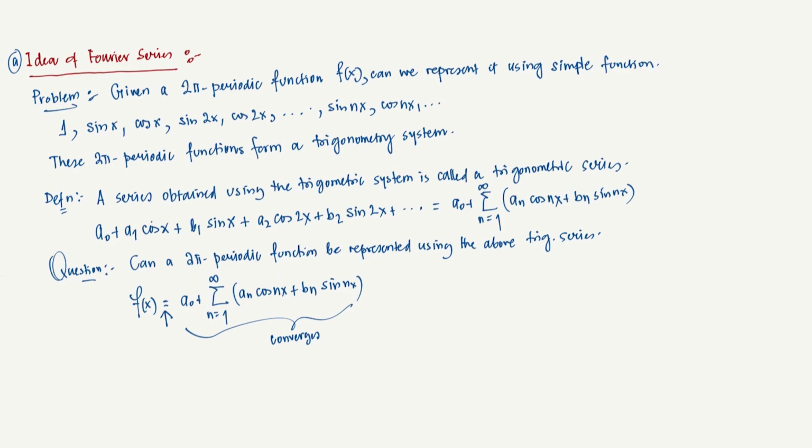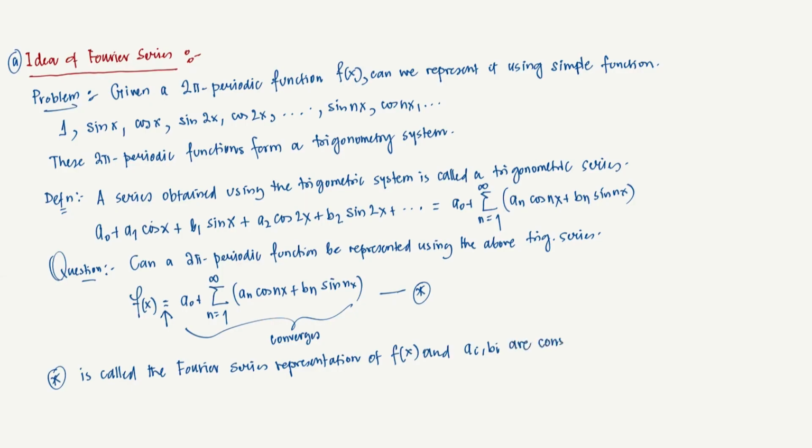Okay, this particular relation, star, is called the Fourier series representation of f of x. Clear? And see this a0, a1, b1, a2, b2, all of this, these a_i and b_i are constants.